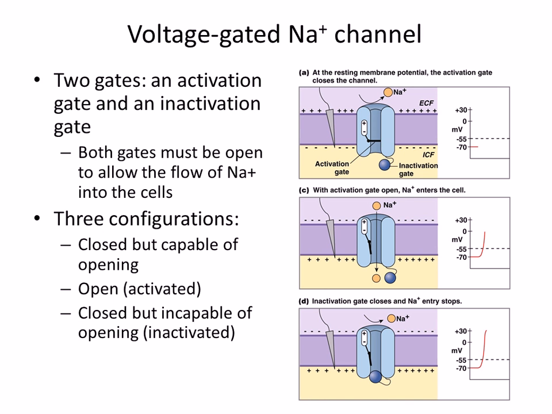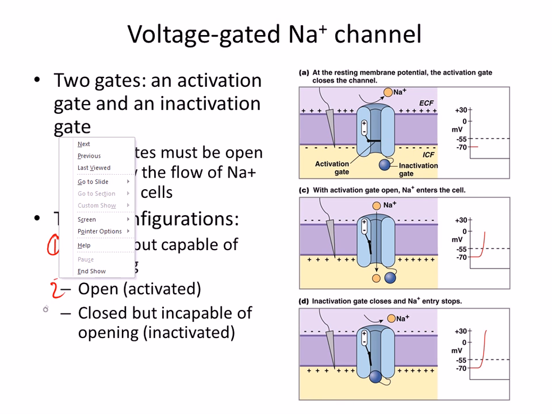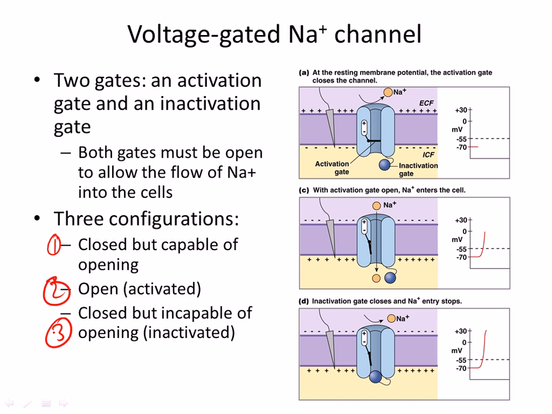So we go from A to B to C, and then we can't go back to B. We have to go all the way back and reset to start the whole process over again. All right? So it's like this. We go 1, 2, and then 3. And then you have to go all the way back to start the process over again. It does so naturally, just by virtue of the change in the shape.